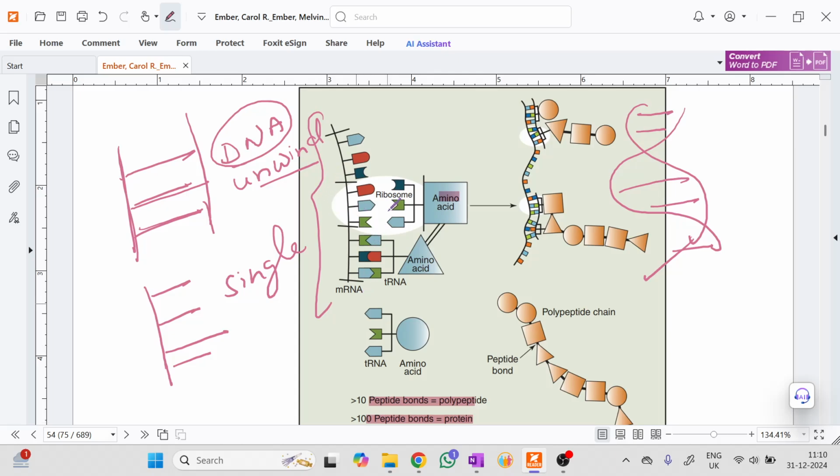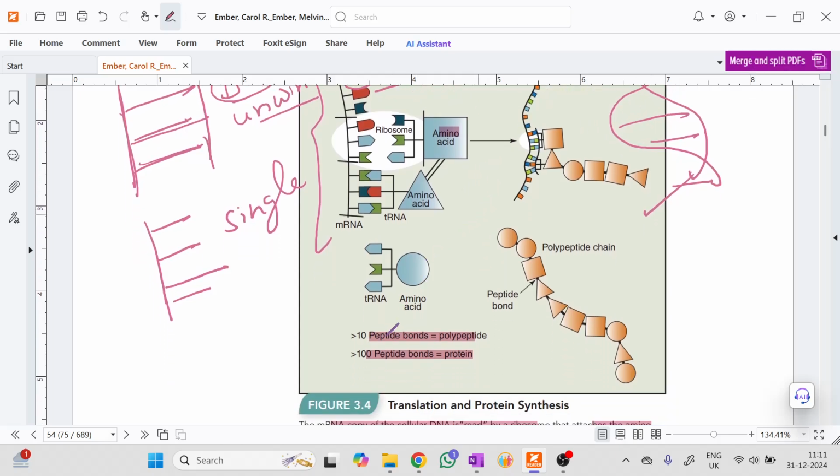So here the structure is like that. This is the single strand mRNA that has been cut out of DNA. This template, when it attaches with the ribosome, the ribosome reads the code, and then directs the production of amino acids. And those amino acids, when they join, form the protein.